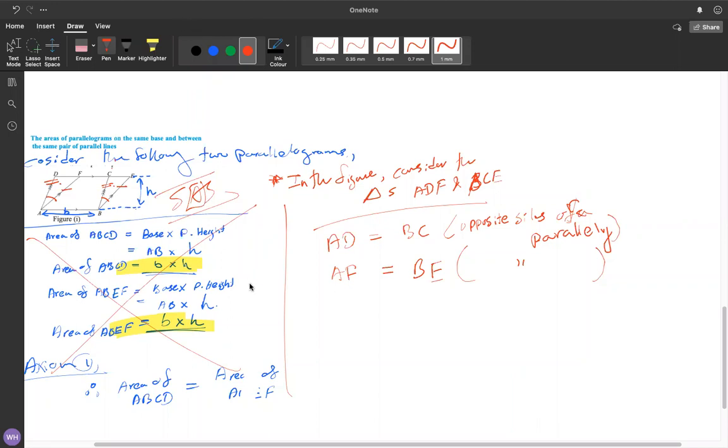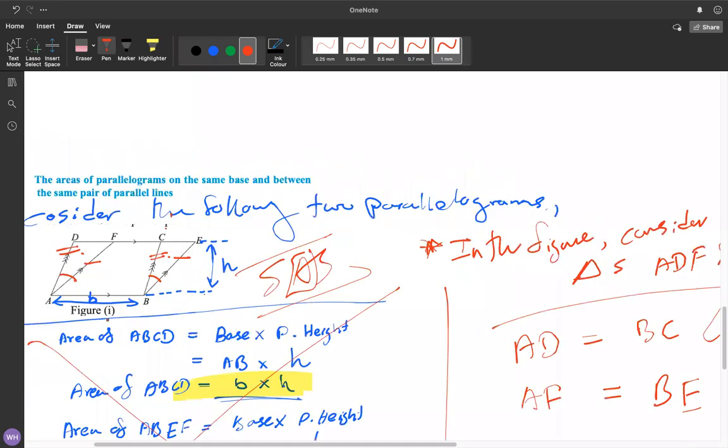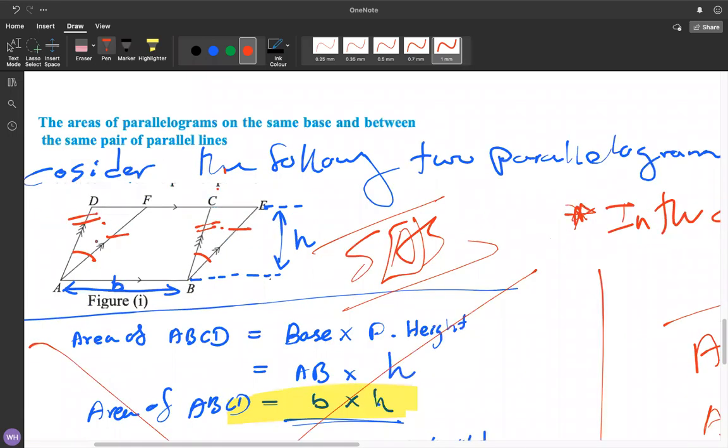Okay, now the remaining part is showing the two angles equal. So how can we do that? Yes. How can you show that? We can say that these two angles.